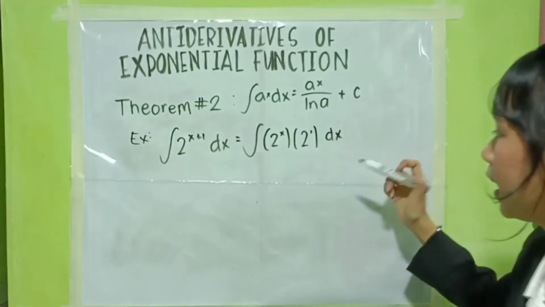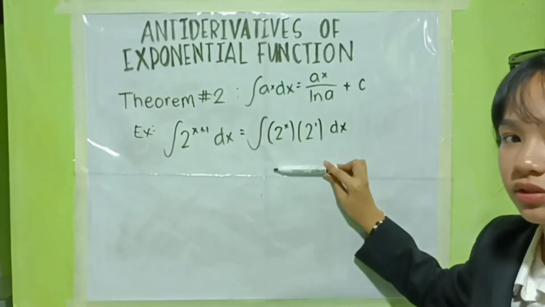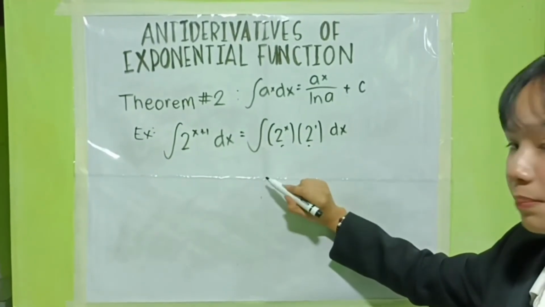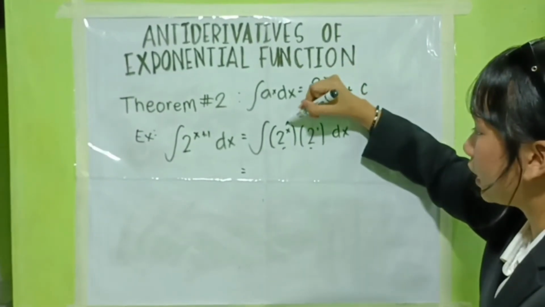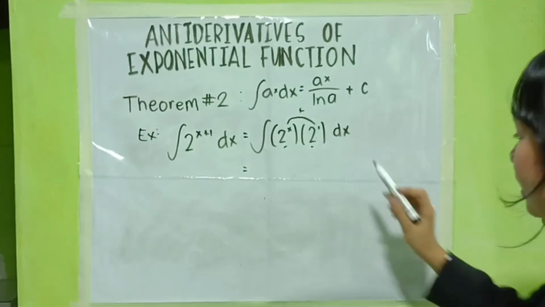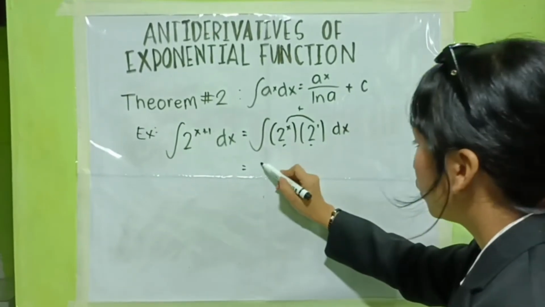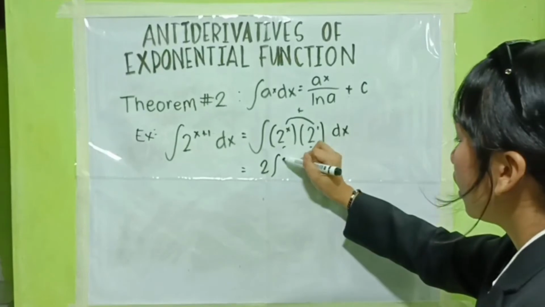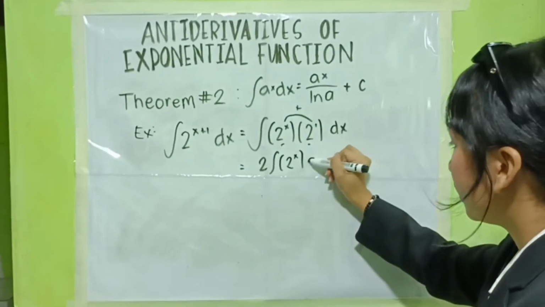Here we have the same bases. For an exponential function with the same base, we simply copy the base and add the exponents. Since 2 raised to 1 is a constant, it becomes 2 times the integral of 2 raised to x dx.